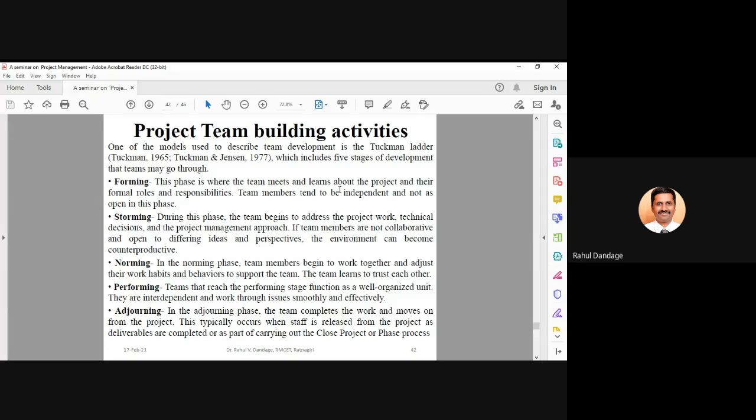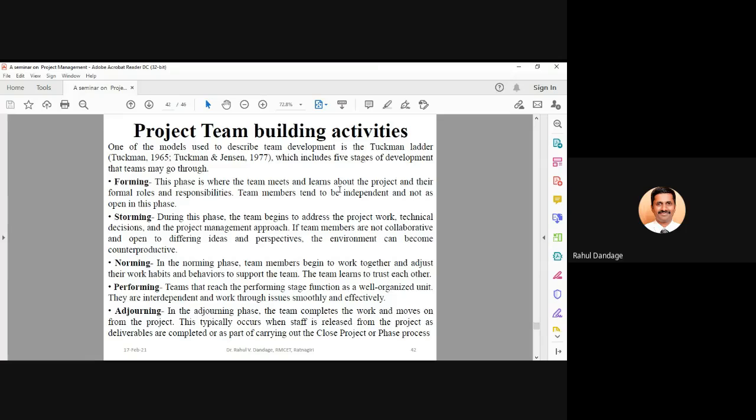Once the team has finished forming, storming, norming activities, they have reached a level where they can work as a well organized unit, and they will be interdependent and working through issues smoothly and effectively.